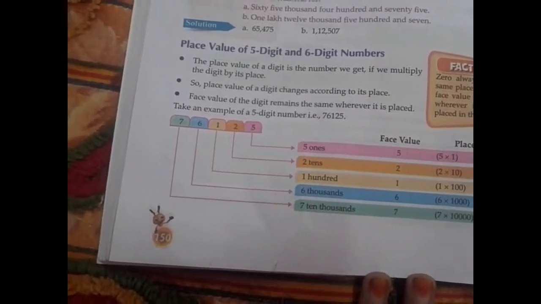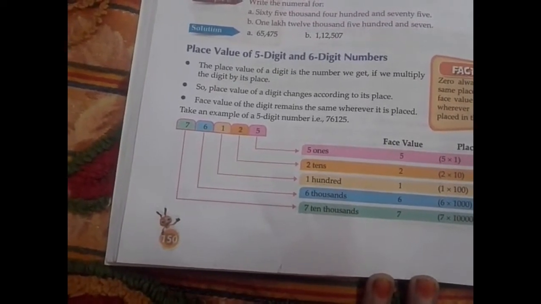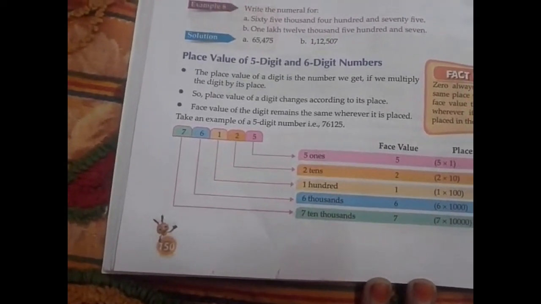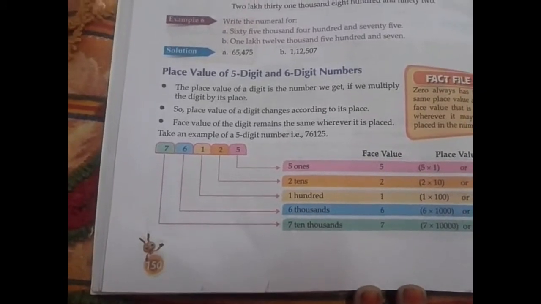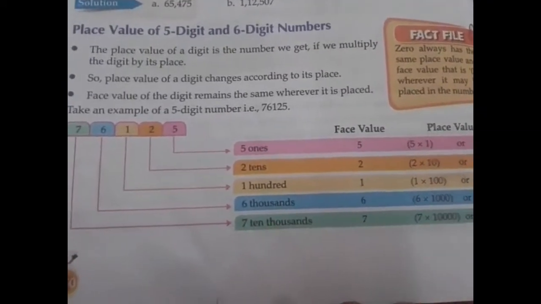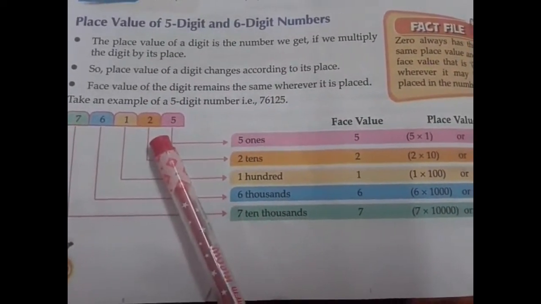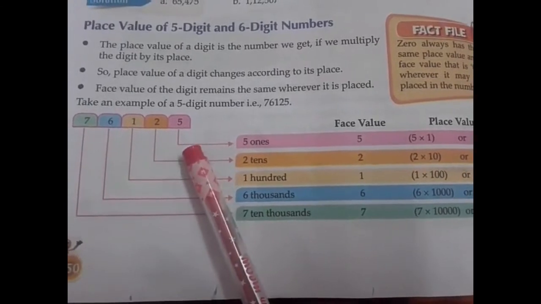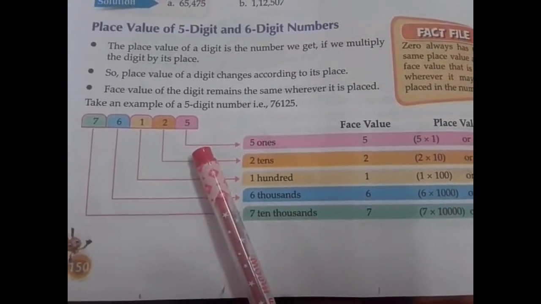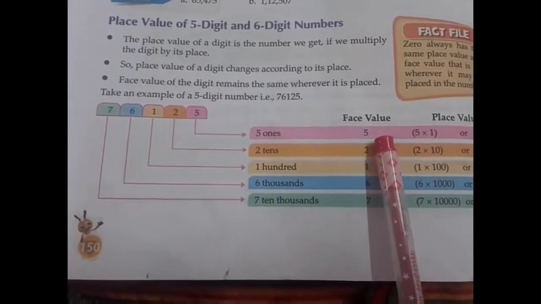In 20, we have 2 in the tens place. In 600, we have 6 in the hundreds place. See the chart here. 76,125. Here the place value of 5 is ones, but the face value is 5.